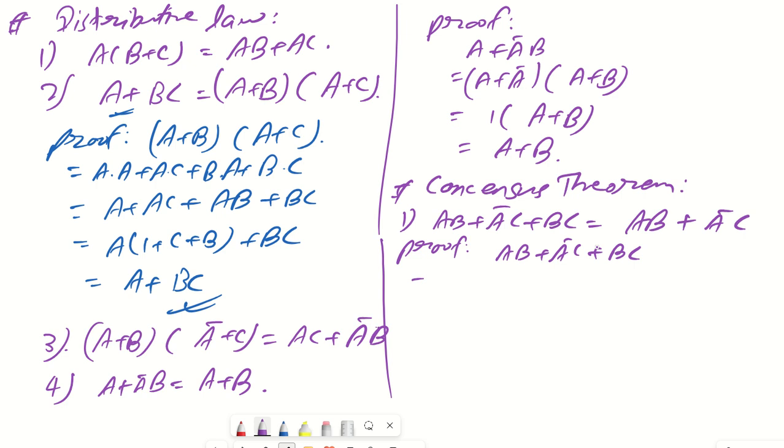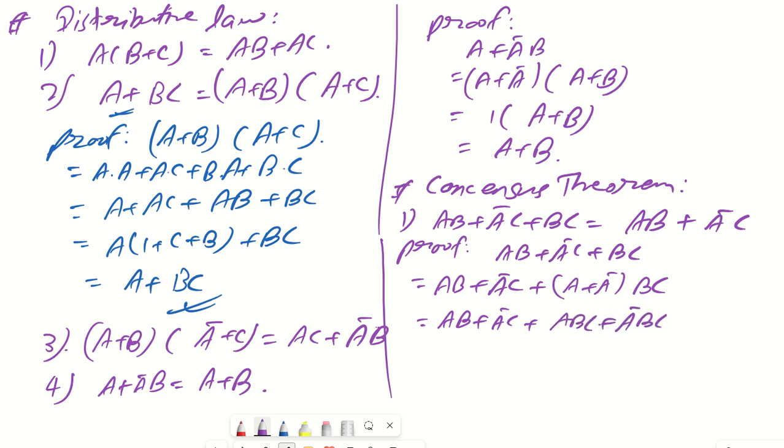So can we do this? ab + a bar c + bc, I can write it down as (a + a bar) multiplied by bc, because a + a bar is nothing but 1. Okay, now if we take it, ab + a bar c plus abc + a bar bc, like distributing them, right?